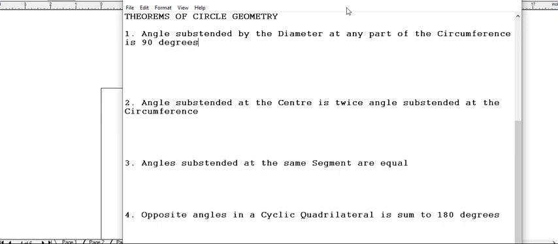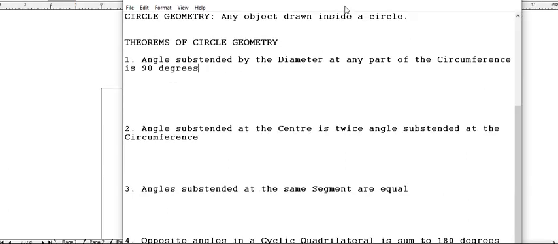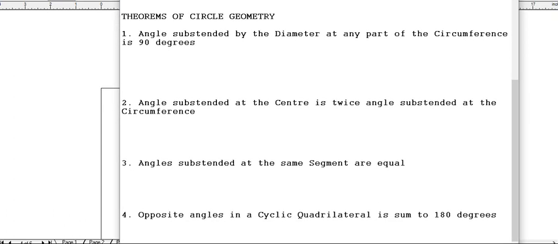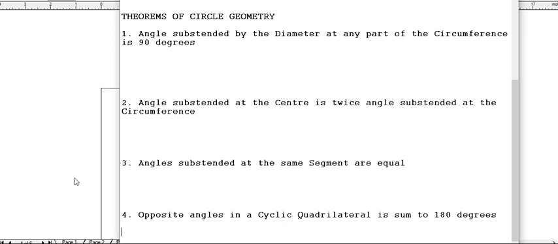Let's go to the fourth theorem. The fourth theorem says opposite angles in a cyclic quadrilateral sum to 180 degrees.